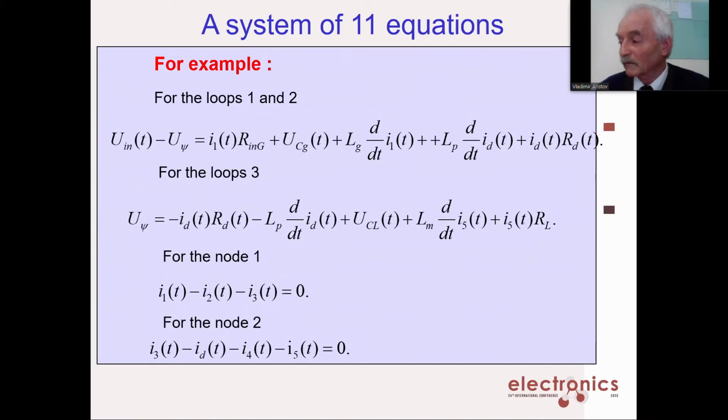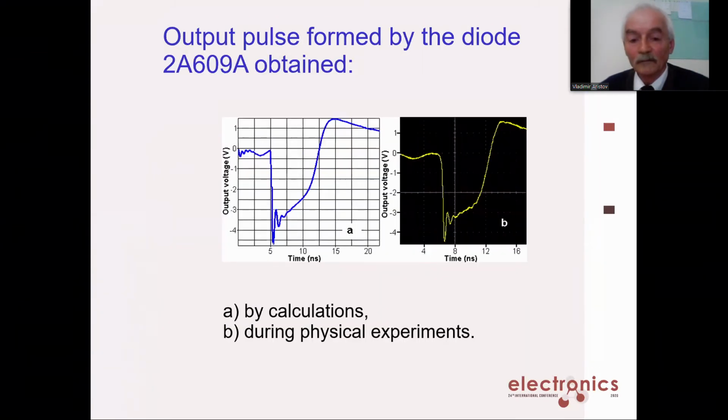Due to the complexity and bulkiness of the analytical solution, we resorted to a numerical solution of our system of equations. The result of solving the system is the value of voltages across the load at its various values. The efficiency of the selected equivalent circuit of the generator, values of elements and calculation procedure is confirmed by the practically complete coincidence of the output waveform obtained in the physical experiment and by calculation.